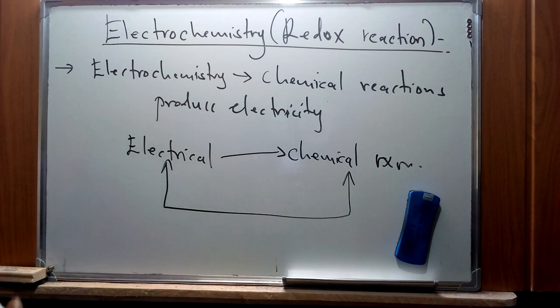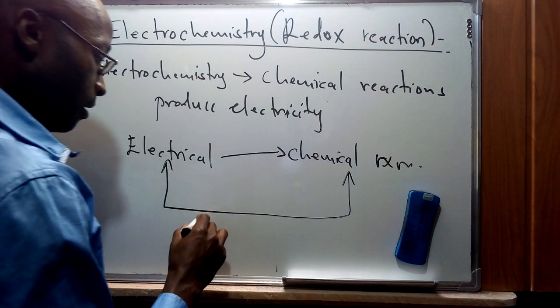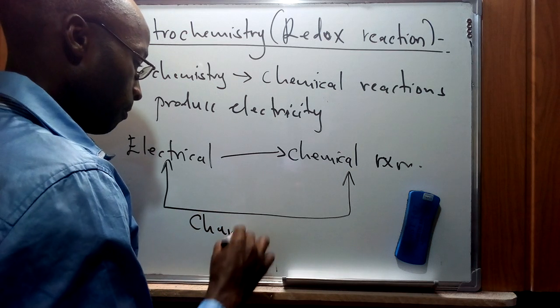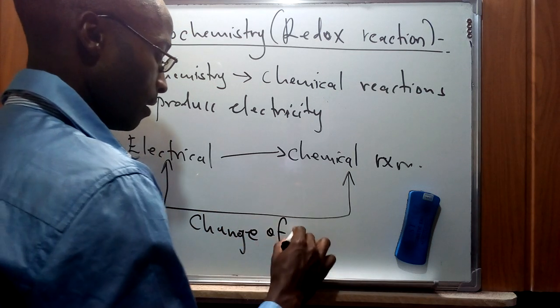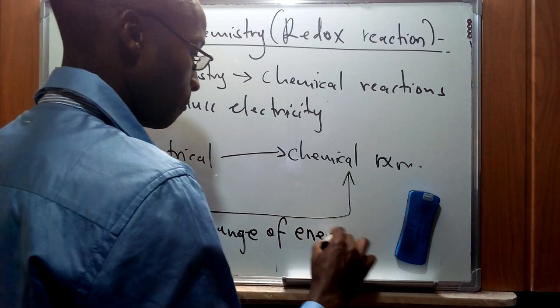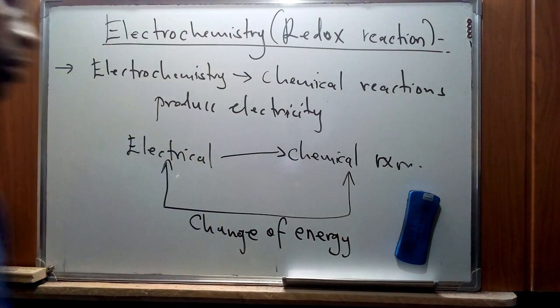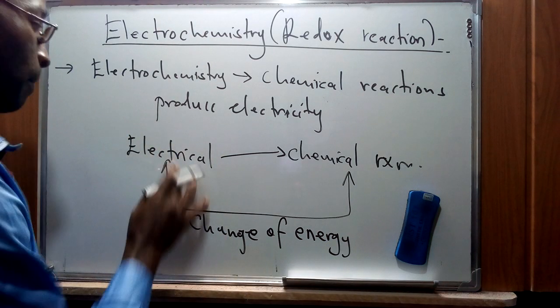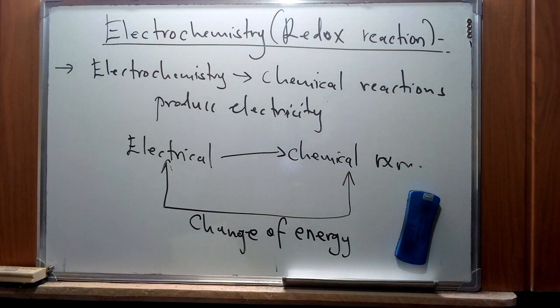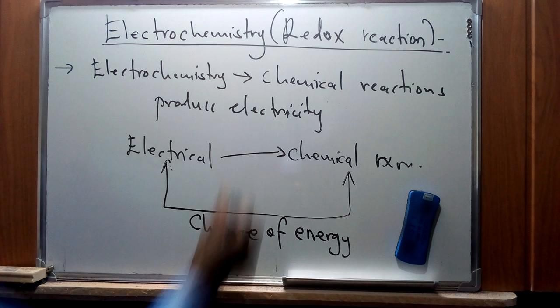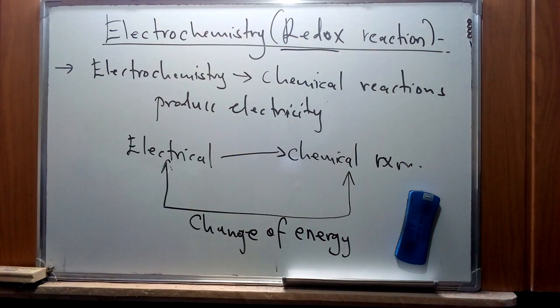This is the concept of change of a form of energy from electrical to chemical and back and forth. So we are going to see the relationship that exists between electrical and chemical energy, and that basically is going to entail the concept of redox reactions.